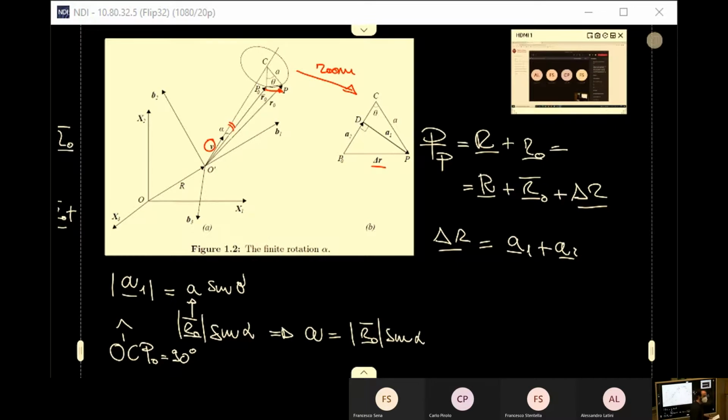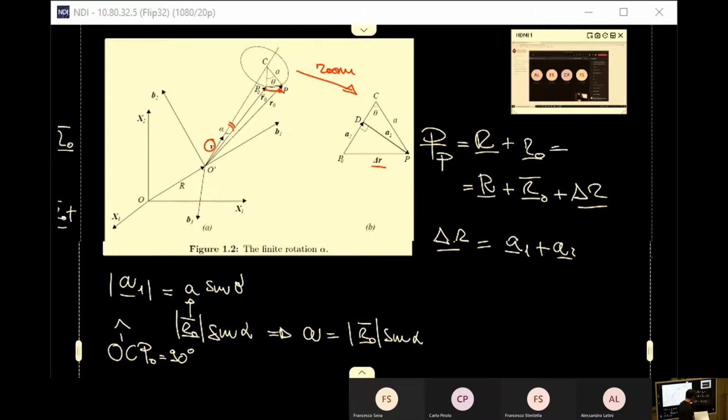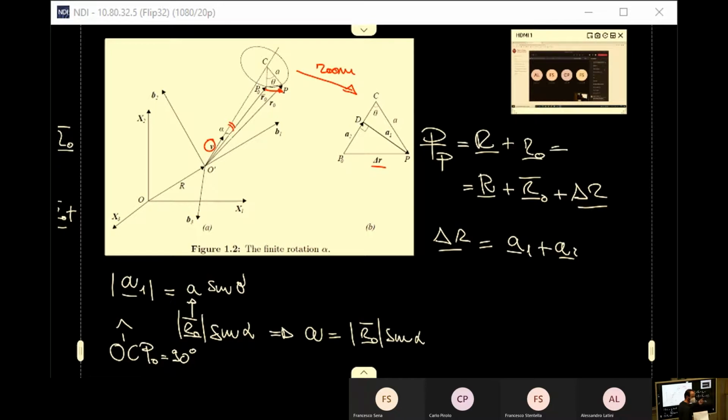But do you know what can be expressed like this? When you have an operation between two vectors which includes the sinus of the angle included between them, it is the vector product, right? The product between two vectors is the modulo of the first times the modulo of the second times the sinus of the angle which is included. So this is what?